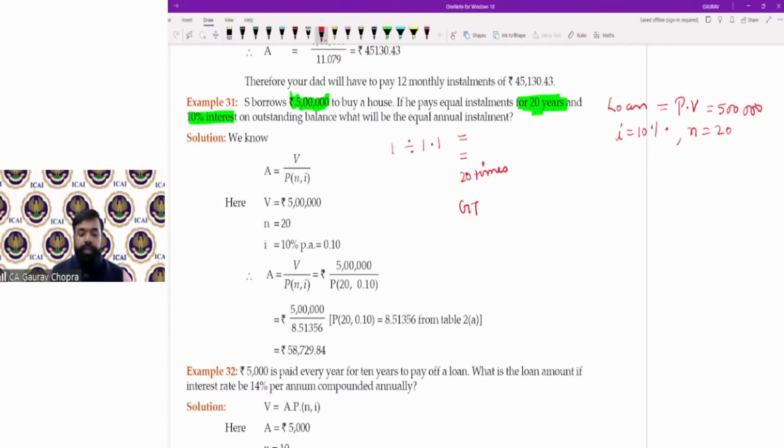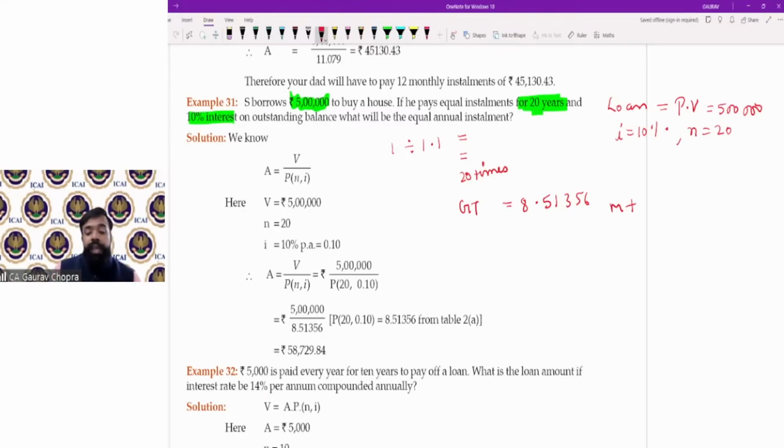So how much you are getting? 8.51356. After pressing GT, the value which is available on the screen is 8.51356. Now अब इस वैल्यू को क्या करना है? Now press M plus button. अभी आपको ये वैल्यू मेमोरी में डाल देंगे. कहाँ डालेंगे? मेमोरी में. तो यूज M plus button.